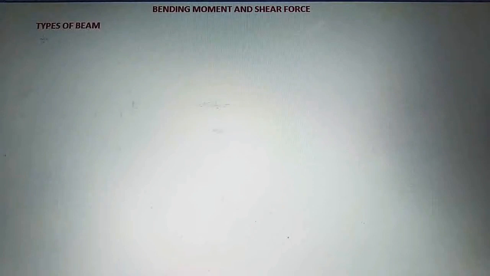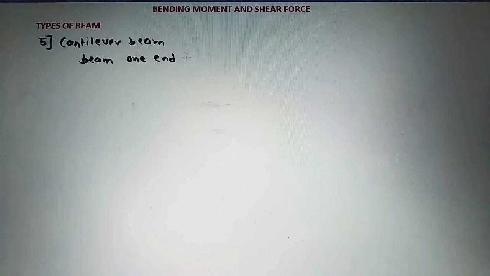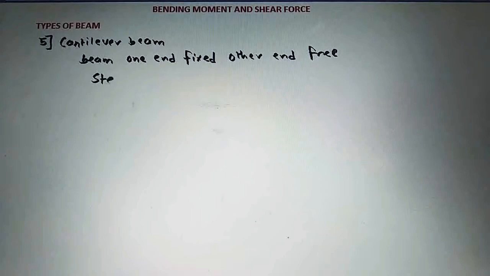Next type of beam is the cantilever beam. That is, the fifth type of beam is the cantilever beam. So what is a cantilever beam? A beam which has one end fixed and the other end free is called a cantilever beam. For example, we can take a steel bracket.